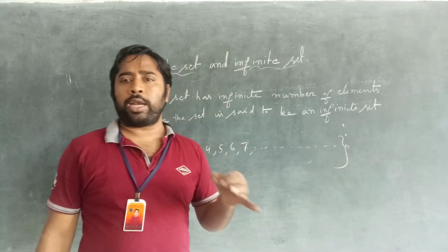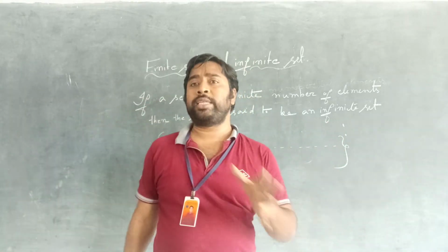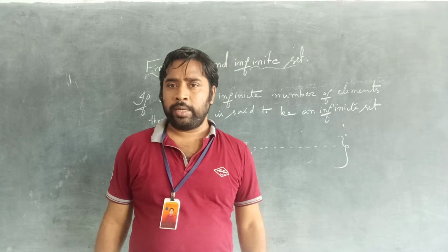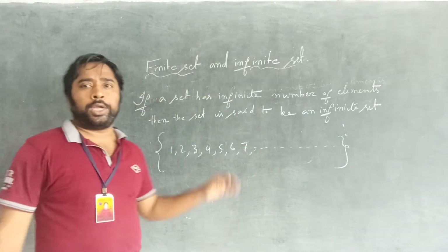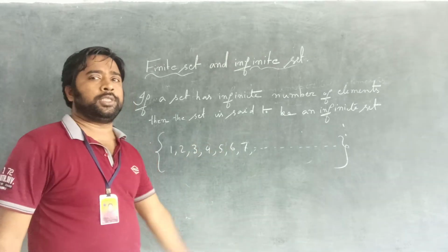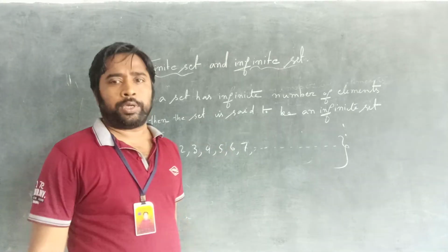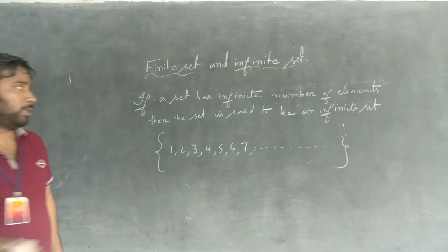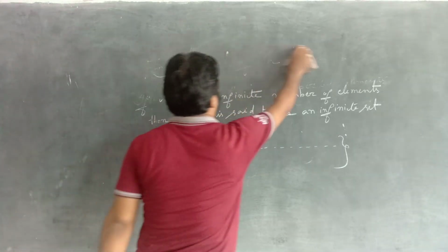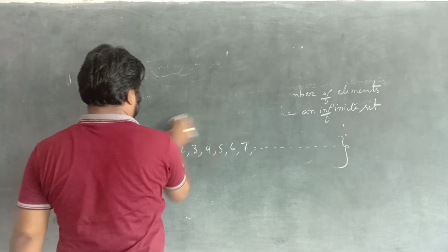Since we cannot count the number of elements, that means it is an infinite set. Clear? Since we cannot count the number of elements in the set, it is said to be an infinite set. So this is the definition of infinite set. Okay. Next is equal sets. Two equal sets.